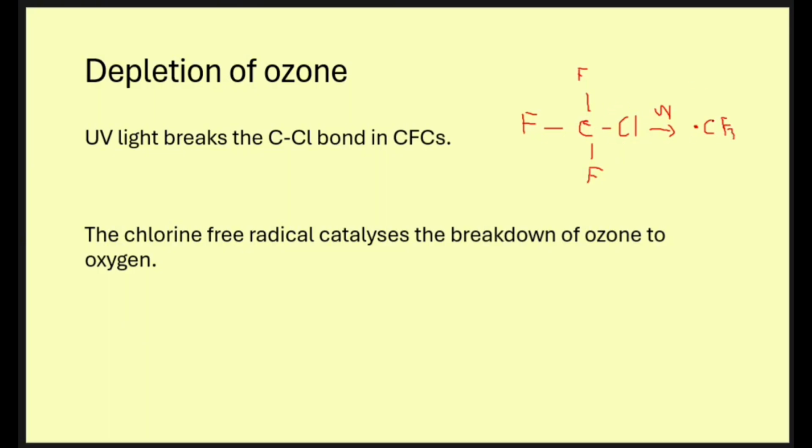Look, it's been broken down, it's been taken away, so we've got extra space here on the carbon where there shouldn't be, plus a chlorine free radical. And I'll show you how this catalyses the breakdown of the ozone itself.